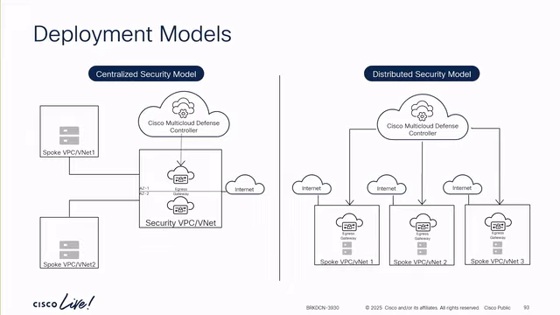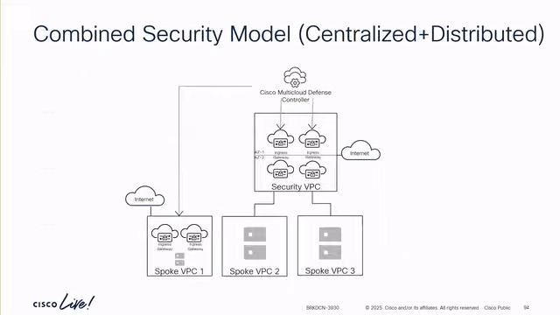Now, not to further complicate matters, but believe it or not, they support a blended model. So if you say, listen, I want two tiers of screening, I want the ability to screen at a dedicated bump in the wire, and I also want to screen closer to the individual respective VPCs, I can do both. And they coordinate all that from the central orchestrator.